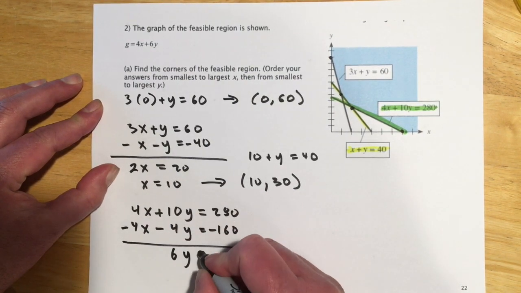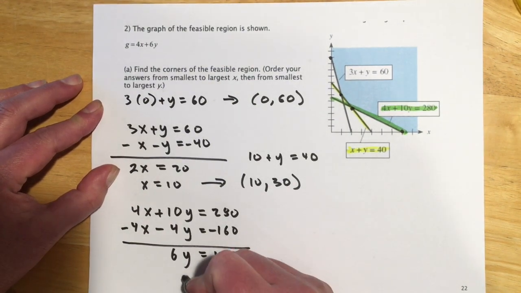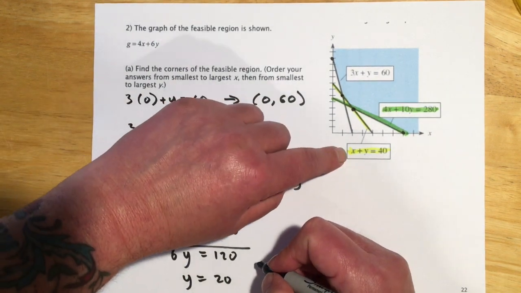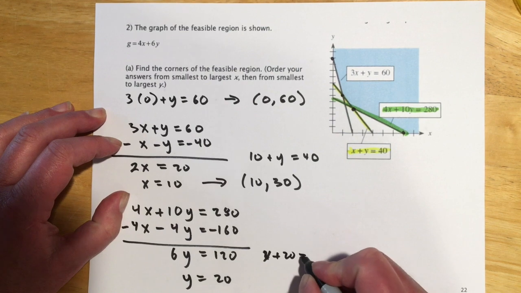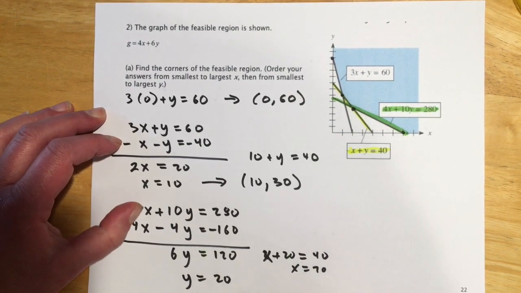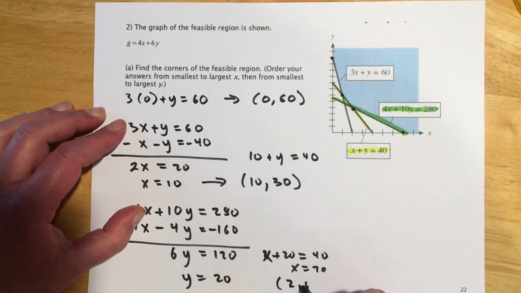So that'll leave me 6y equals 120, and so y equals 20. And then again, putting that back into x plus y equals 40, x plus 20 equals 40, so then we know x is 20. So then that gives us 20 for a corner.